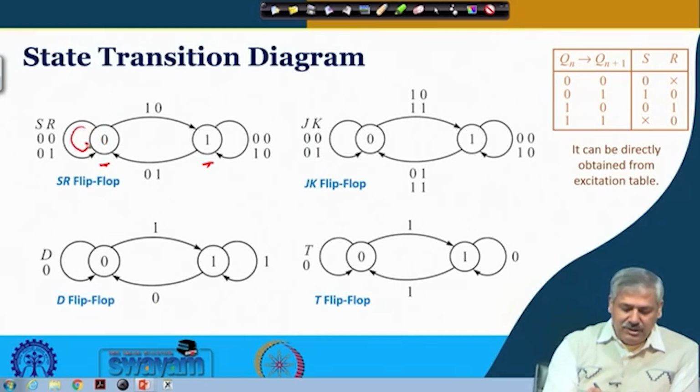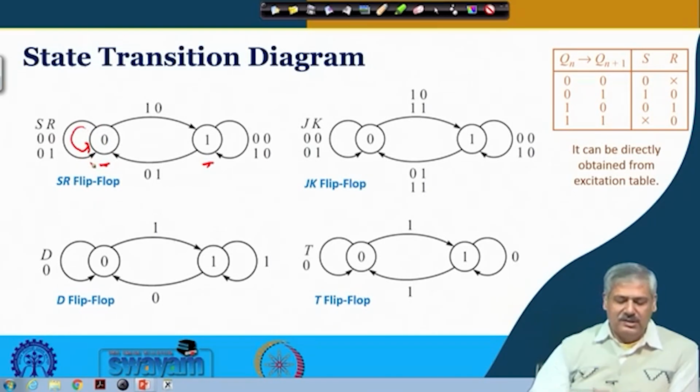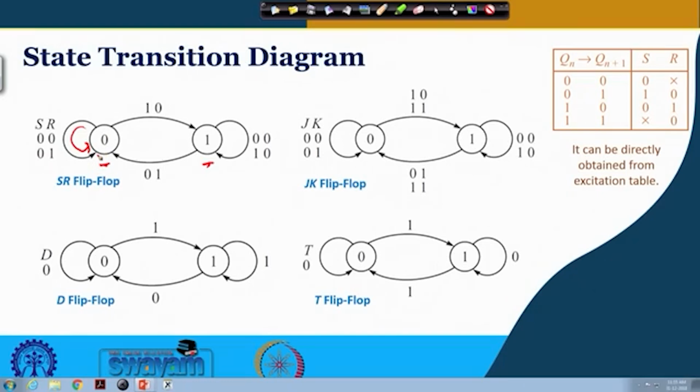That is what is shown through this line, and this arrow mark shows where it is. And if it is at state 0 and it receives 0 1, what will happen? It will stay at 0 only, right. So it is remaining at 0 for the cases 0 0 and 0 1. You can see it from the excitation table, also from the truth table in an inverted way you can figure it out.